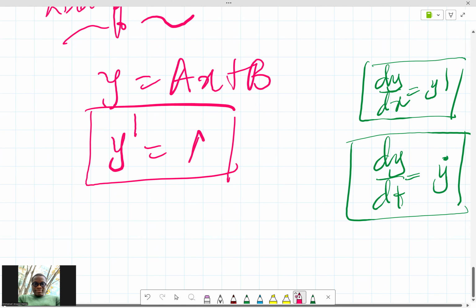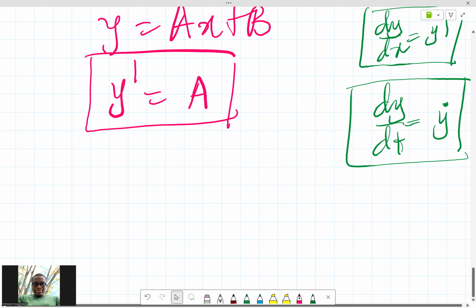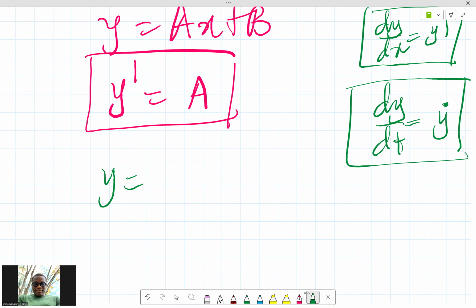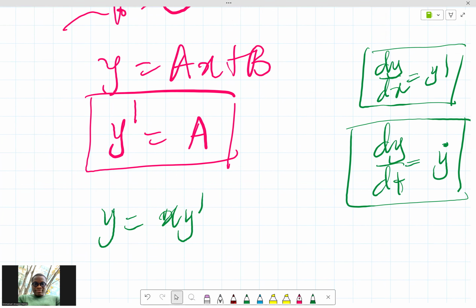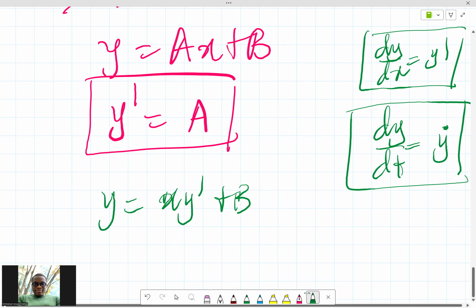Y prime is equal to a, we know that. So since y prime is a, we know that y is equal to a x plus b, that is x y prime plus b.